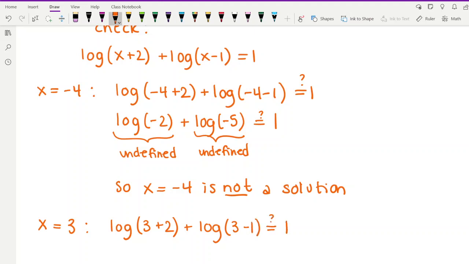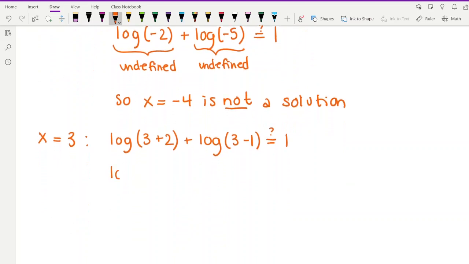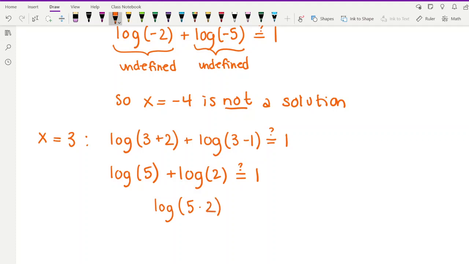That's going to give us log of 5 plus log of 2. It's not super obvious that this answer is going to be 1, but if you plug this into your calculator, you would see that it is 1. You could also think of this by doing the combination: log of 5 times 2 is log of 10, and that is equal to 1.